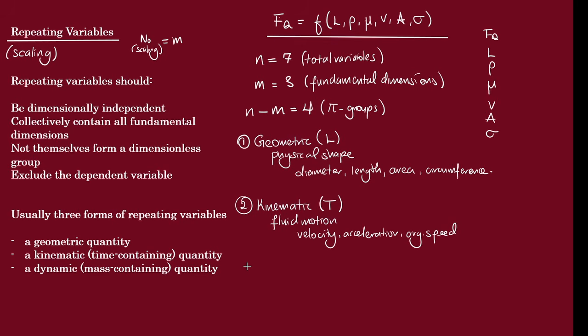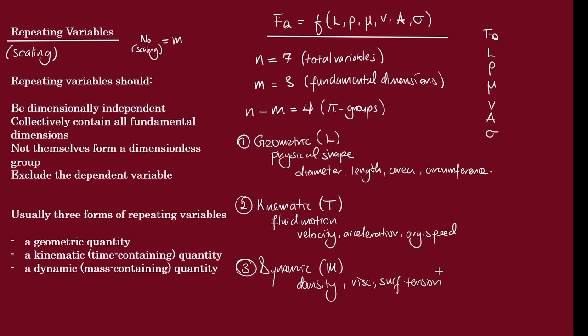Okay, so that's T. And the third type you will encounter would be dynamic variables, which introduce the mass term. So these now describe the mass or the weight of the fluid. So here you may encounter density or dynamic viscosity or surface tension.